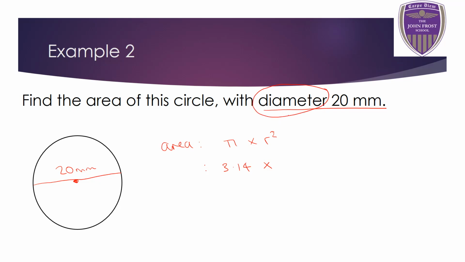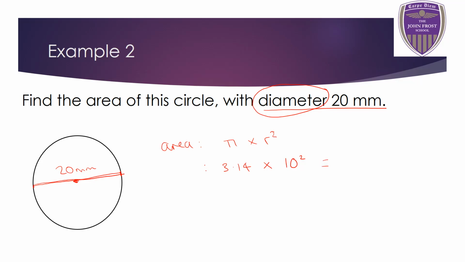But remember what we discussed already: the diameter is twice the size of the radius. So in this question, if from one side of the circle all the way to the other side, going through the center, is 20, then from one side to the middle must be half that amount, which is 10. So 3.14 times 10 squared.